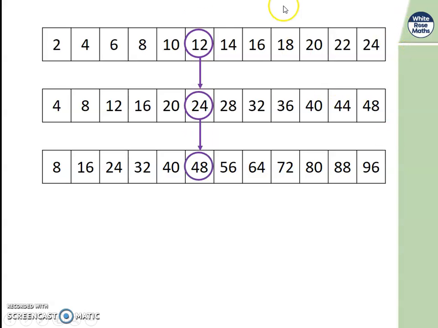Can you see if that works as well? Are we doubling each time there? Yes, we are. We've got 12, double 12 is 24, double 24 is 48. And what's happening is, because we're timesing by 2, 4 and 8, double 2 is 4, double 4 is 8. So that applies for each number here.